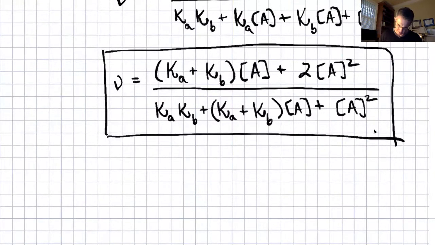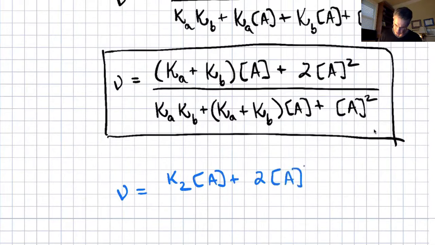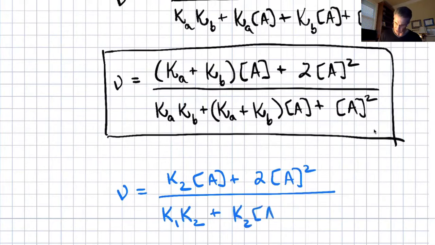That one, if you recall, looked like this: K2 times the concentration of A plus 2 times concentration of A squared, divided by K1 times K2 plus K2 concentration of A plus concentration of A squared.